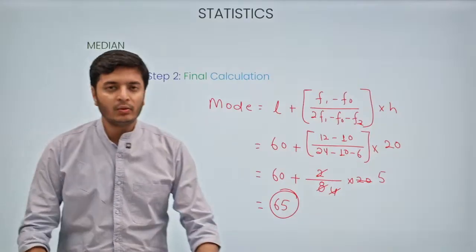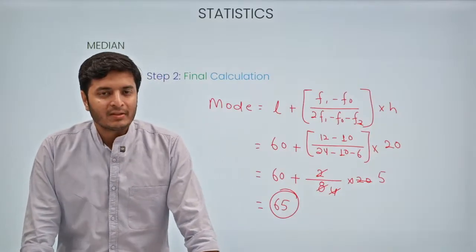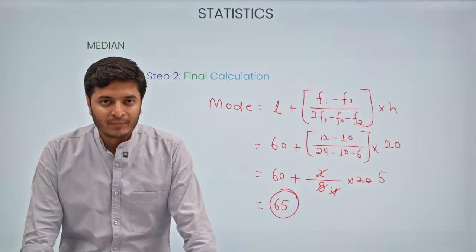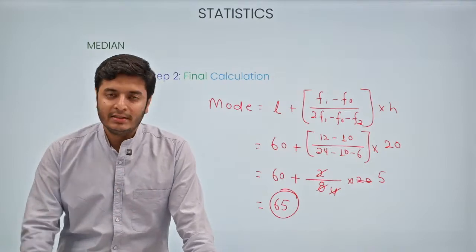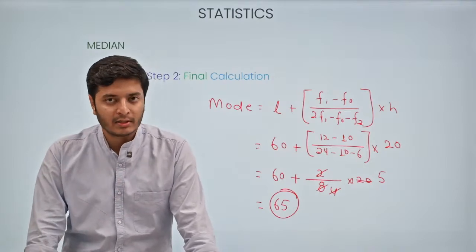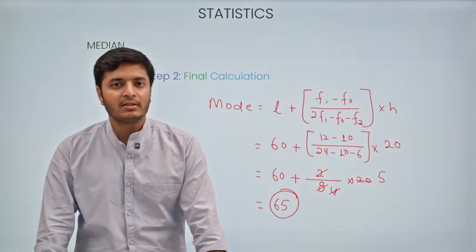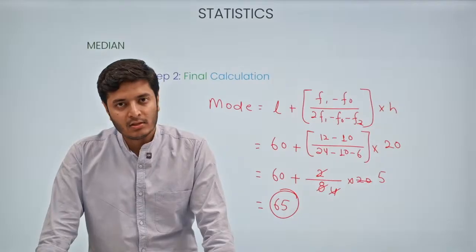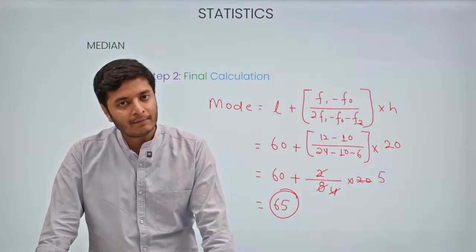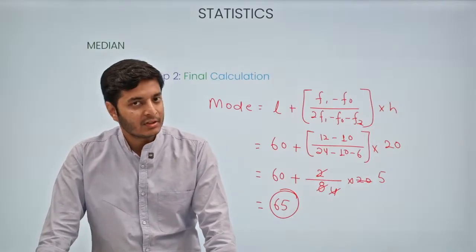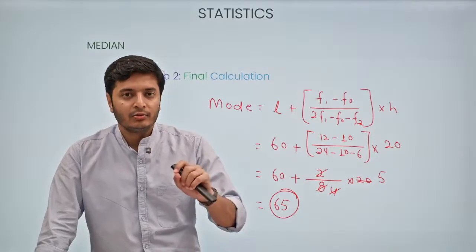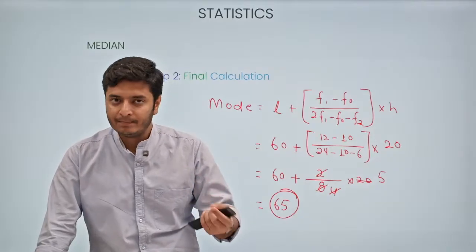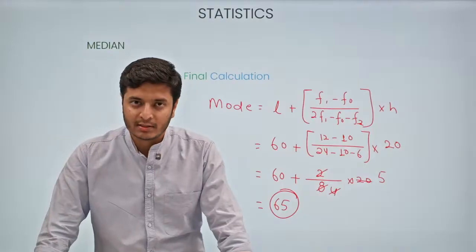So you just need to identify the model class, then you can easily apply the formula. After finding the model class, you consider its frequency as F1. The frequency of the class interval before the model class is F0, and the frequency of the class interval after the model class is F2. Then you find L, the lower limit of the model class itself.